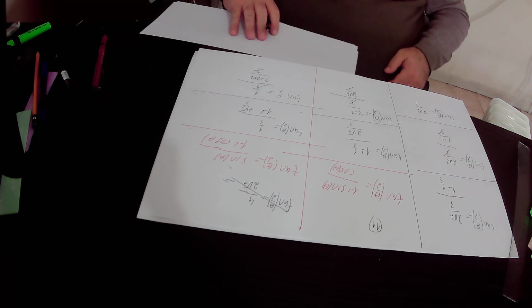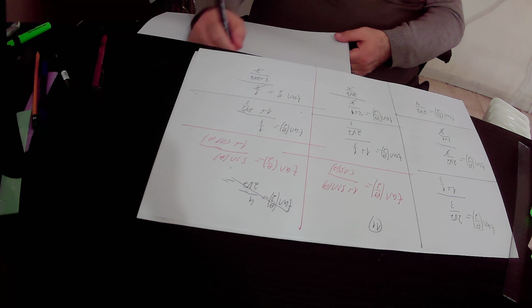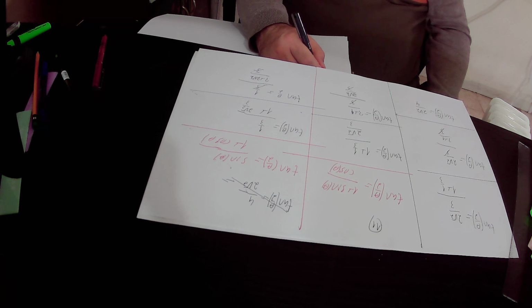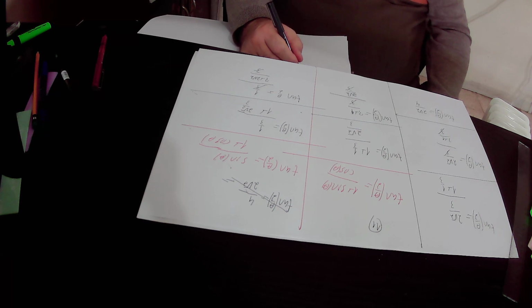And we get that tangent theta over 2 equals 1 over 3 plus 2 times square root of 2.